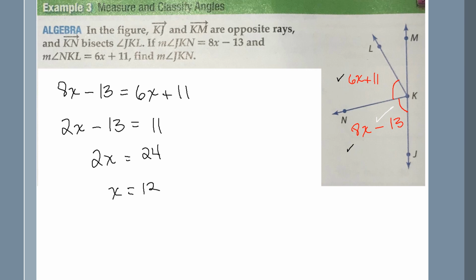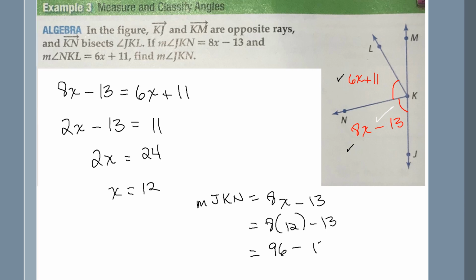So now I take 12 and I plug it back in. Angle JKN is what we're looking for, right? So the measure of angle JKN is equal to 8x minus 13. I take x out and I put in 12. So 8 times 12 minus 13. 8 times 12 is 96 minus 13.